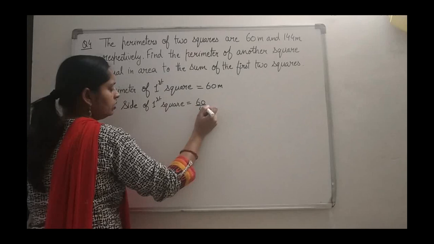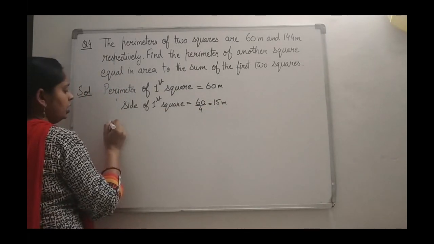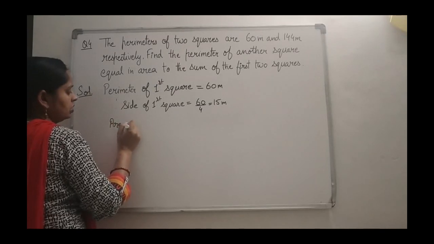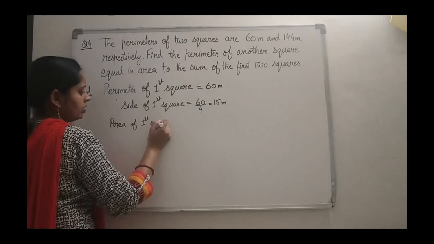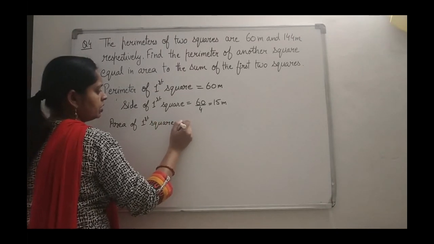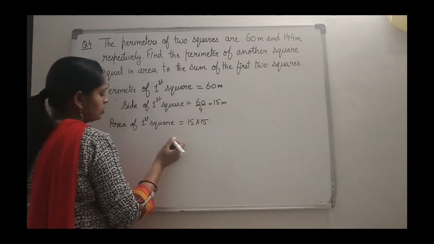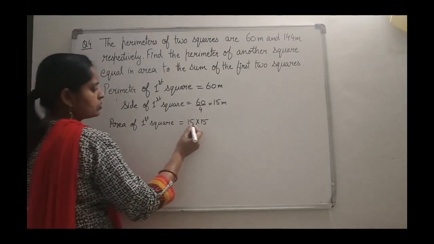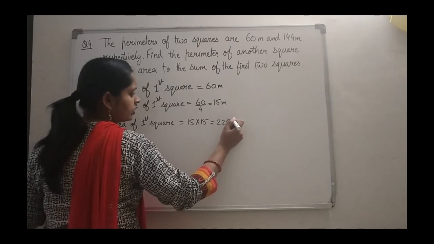Perimeter divided by 4, that is 15 meter. So area of square, area of first square will be equal to how much? 15 into 15, because side into side is the area of the square. So how much you will get? 225 square meter.